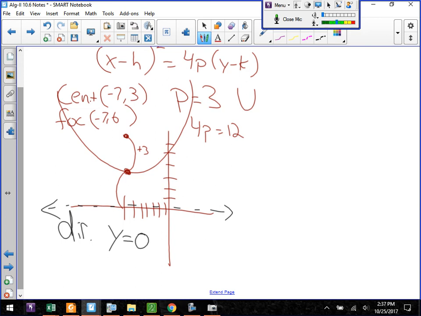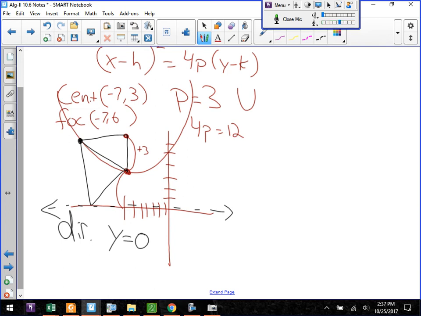The directrix, remember, is the balancing point that's behind the parabola. The distance from the directrix to the parabola is equidistant from the parabola to the focus. And basically what happens is, if you bring a point out to here and here, those two distances stay the same as it goes around.